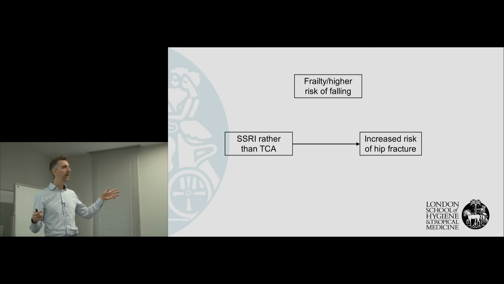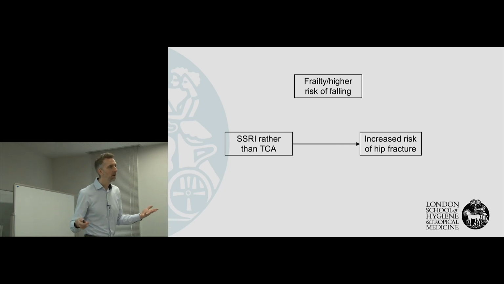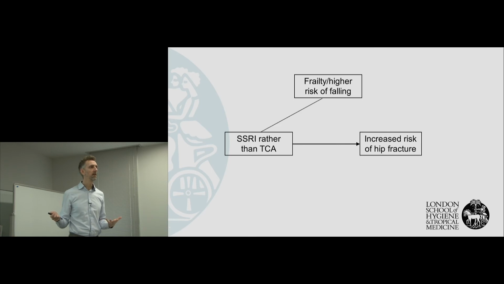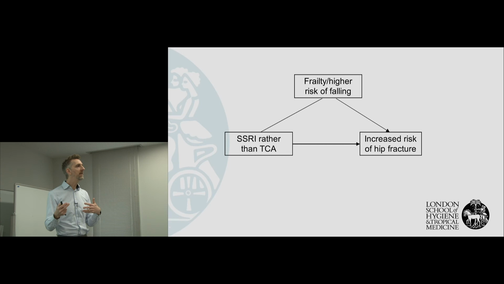And so maybe the doctors were channeling those new treatments to the patients who were at higher risk. Does that make sense? I think in terms of clinical practice, that would be a good thing. But it means that it may be that this frailty is acting as a major confounder, which is then leading us to think there's a bigger problem with hip fractures for SSRIs than for tricyclics.